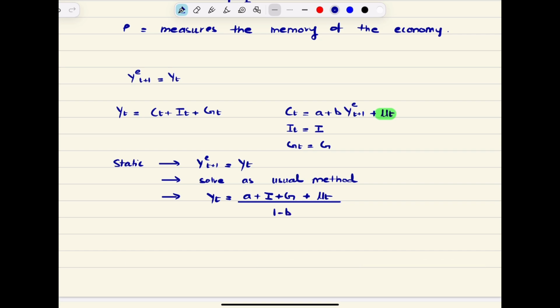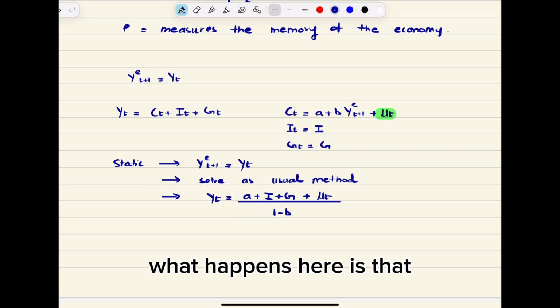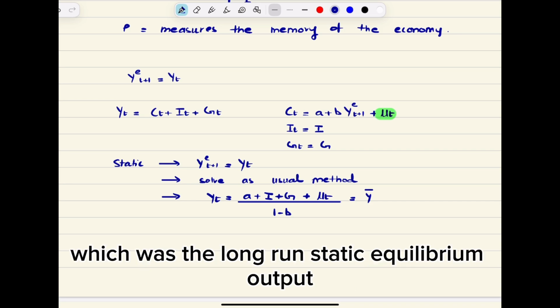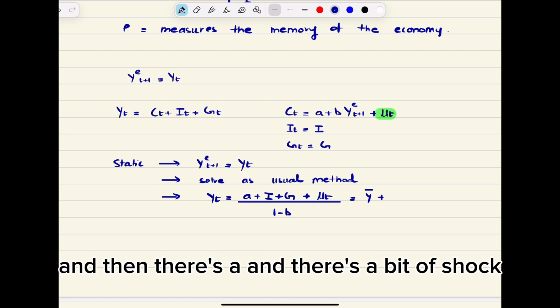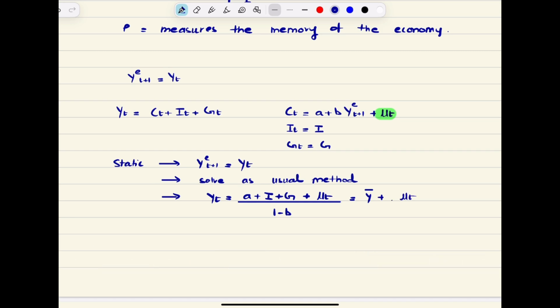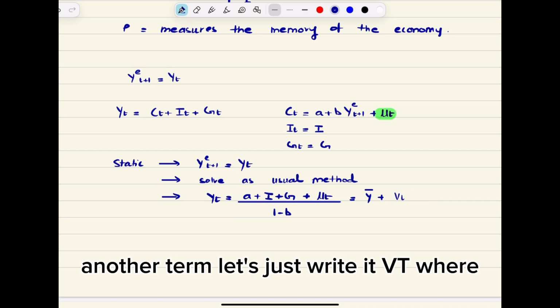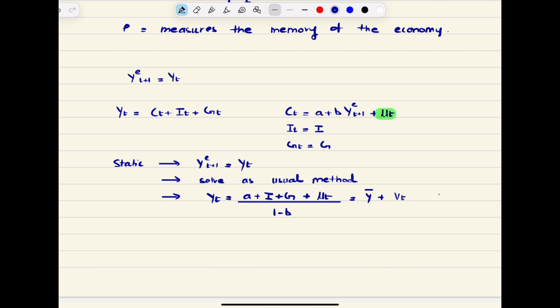So basically what happens here is that y is equal to y bar, which was the long run static equilibrium output, and then there's a bit of shock, which actually, let's just write it vt, where the shock is basically ut over 1 minus b.